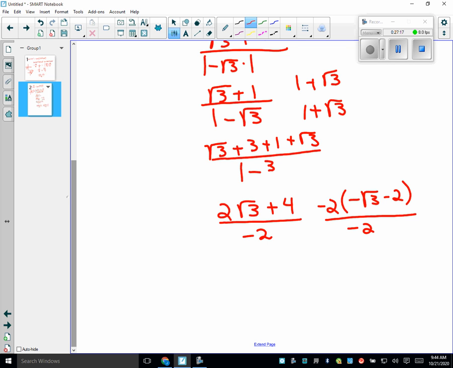Why would you do that? You have to put both those together. So my answer is negative radical 3 minus 2? Yep.